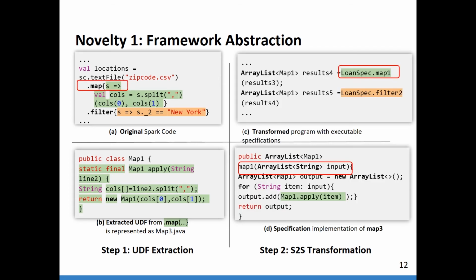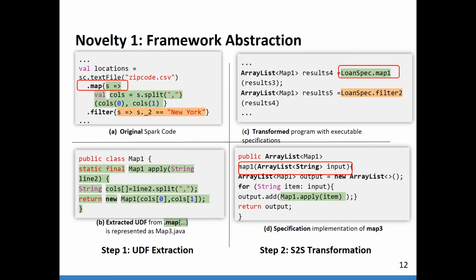Then in step 2, BigFuzz uses the DAG extracted in the previous step to reconstruct the program in the same interconnected data flow order using executable specifications. For example, figure C is a transformed program which retains the order of data flow operators, and figure D is the equivalent specification implementation of a map operator.